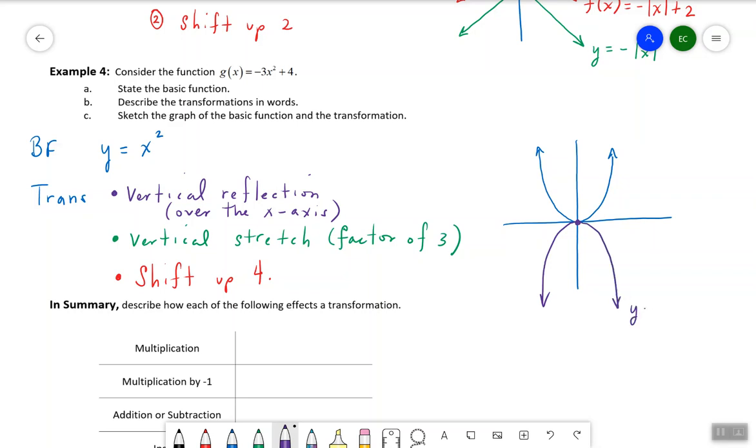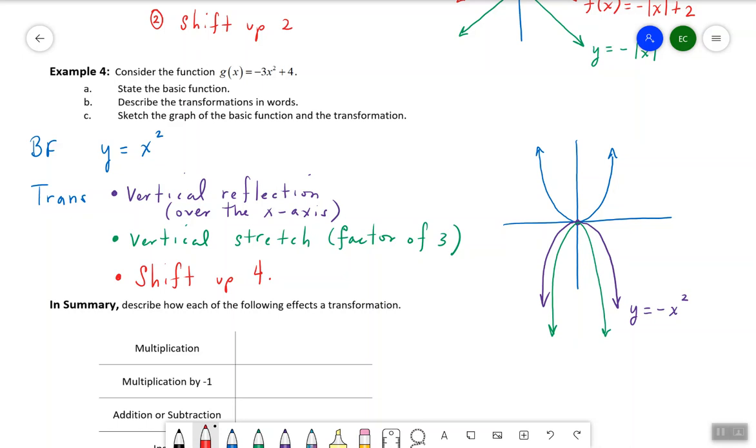And that will get us y equals -x squared. And then we'll do a stretch, which is going to pull the points on the purple graph further away from the x-axis. So in effect, the graph is going to become skinnier.